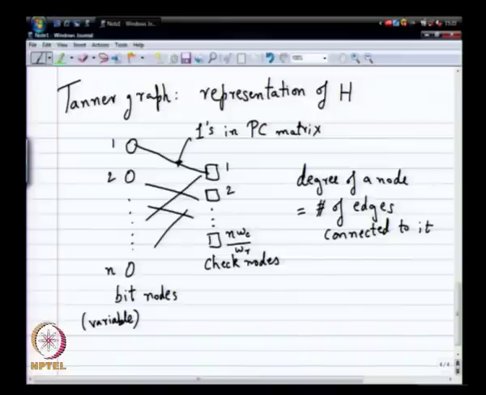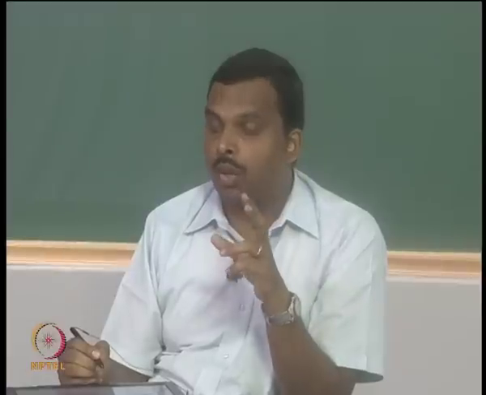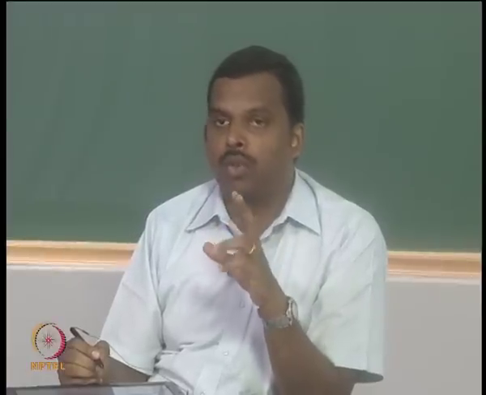So, based on the Tanner graph, you can come up with something known as a socket construction for regular ensembles, where for each node you have as many sockets as its degree. Okay. So, on the left side you would have WC sockets for each node, on the right side you would have WR sockets for each node.